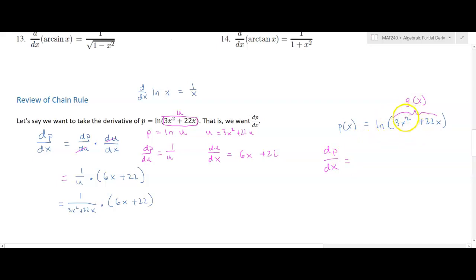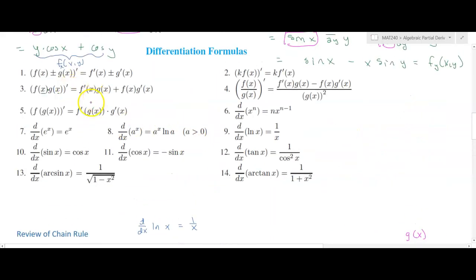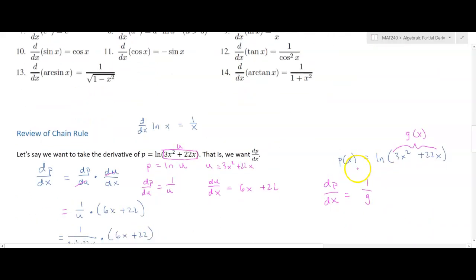So the natural log of g, its derivative would be 1 over g. Then the chain rule requires us to take the derivative of g of x and multiply that by the derivative of f with respect to g. And the derivative of 3x squared plus 22x, you can see it's just going to be 6x plus 22. And lastly, making our substitution, you see that we get exactly the same result as if we had done it in the differential operator form.